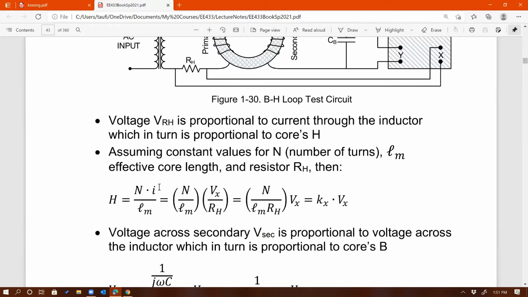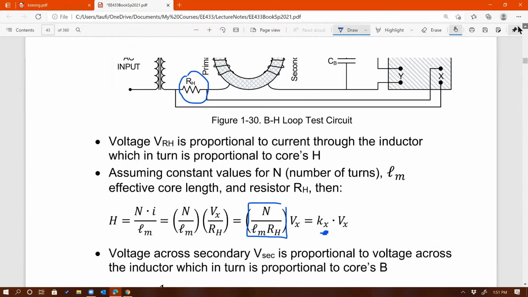So you know that I must be equal to Vx over RH. Okay. And then from there, I know that N is going to be a constant value. Lm is also a constant value. And the resistor that you use here is also a constant value. So basically, I'm just going to simplify this into a constant value, Kx, multiplied by the voltage that we measure, because you're going to adjust the current, basically, and then you get different voltages.